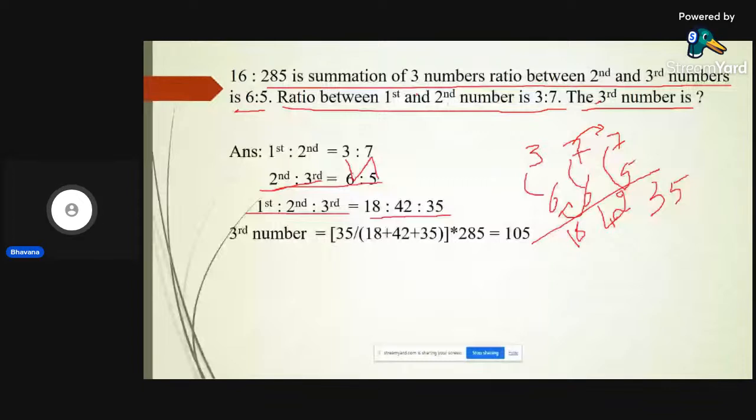Here we already got all three ratios, right? 18, 42 and 35. The summation of these is 285. So what answer will we get? Let's see. That is divided by 35. We simplify these equations. In that case, we will get the third number as 105.